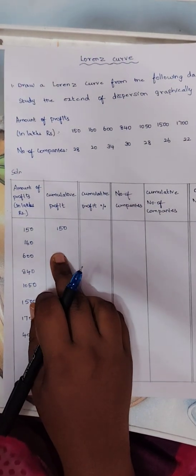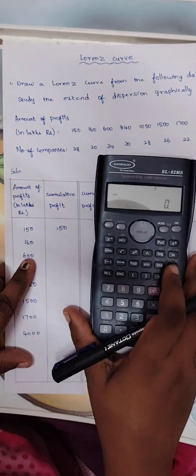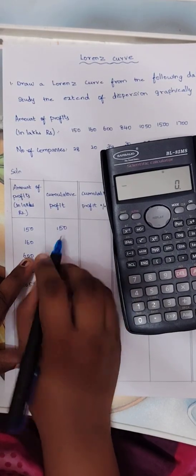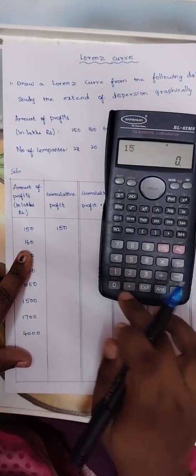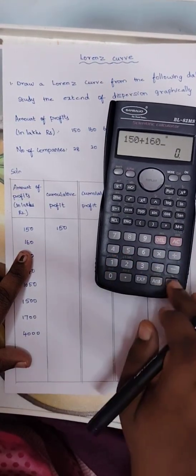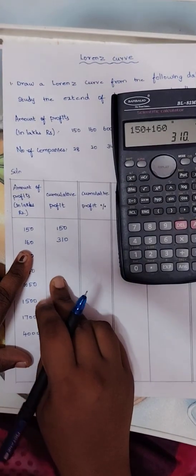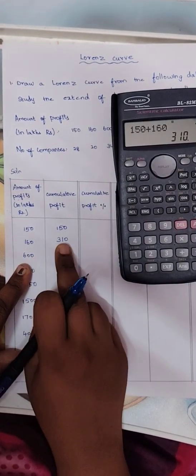Then to find the next term, I need to add the terms 150 and 160. 150 plus 160 is 310. And then to find the next value, we'll add 310 and 600.